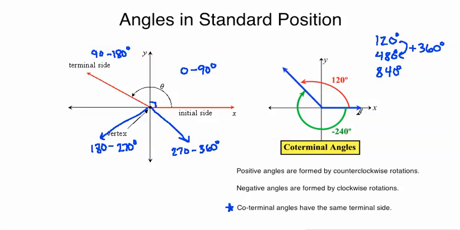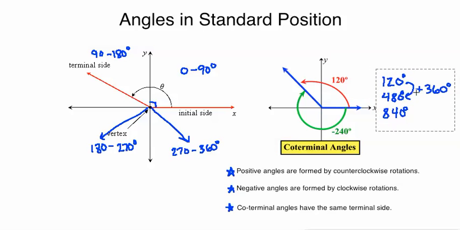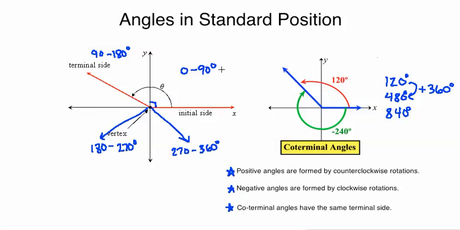The kind of interesting and different side of this is we can actually have negative angles. Negative angles are formed by rotating the terminal side clockwise, so in this direction, rather than counterclockwise, which creates a positive angle. So coterminal angles include some negative ones, and we can get to negative coterminal angles by subtracting 360. So if we take our original number and we subtract 360 degrees, 120 minus 360 would give us negative 240.